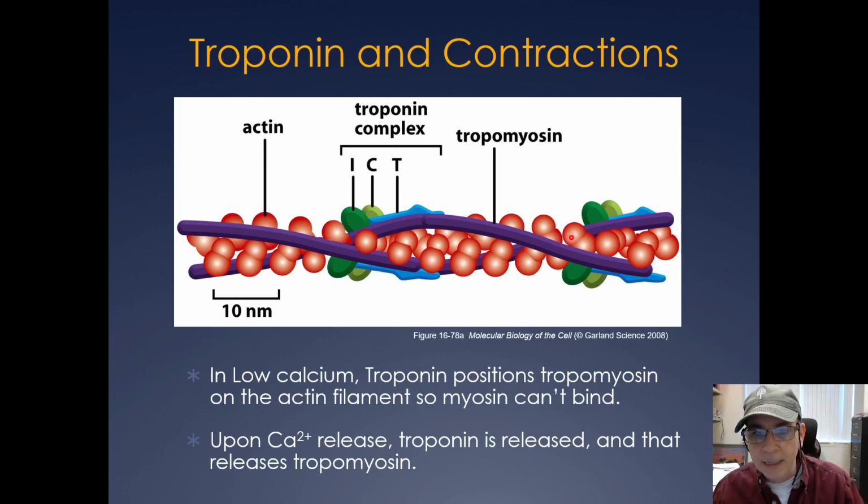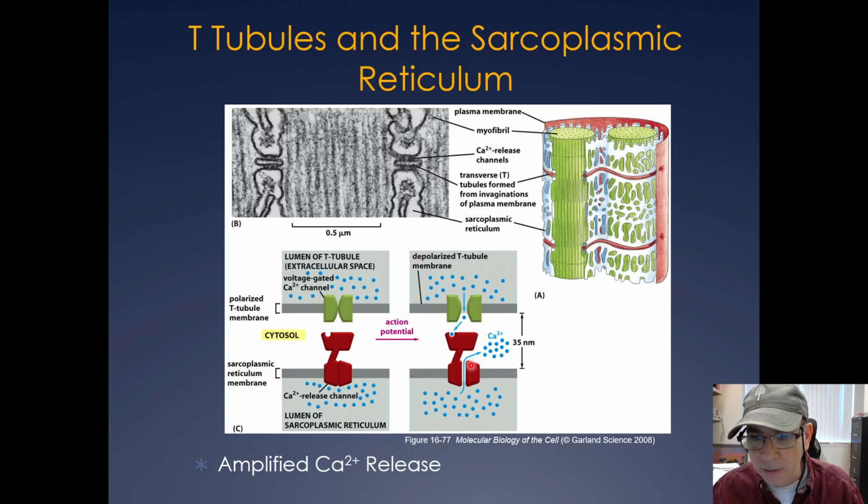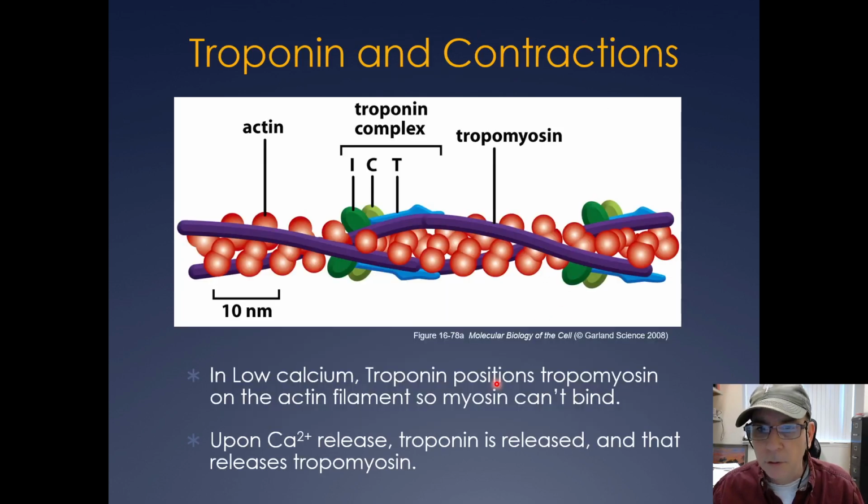And then upon calcium release, the troponin is released, and that releases tropomyosin, and it gives a place for the head domain of the myosin motor to associate with the actin. Okay, and so getting back to this calcium release, that's releasing inhibitors that are bound to the actin filament, and once they're removed, the myosin motor can then bind.